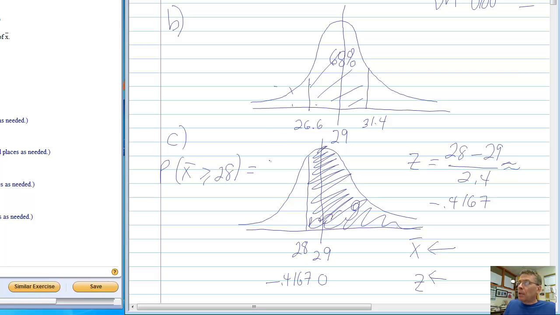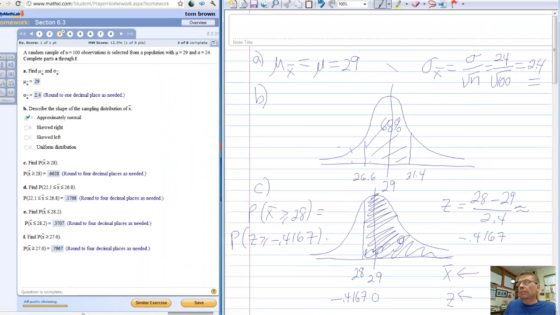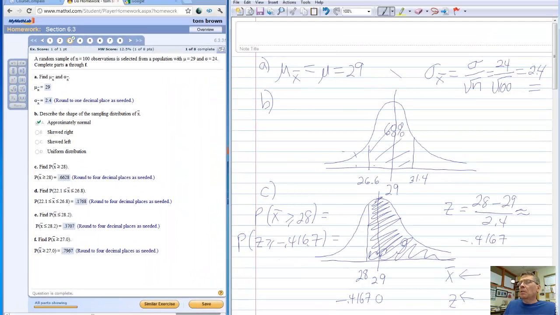So this problem is equivalent to solving the problem z greater than or equal to minus 0.4167. To determine this, I have to look at my picture over here. The area to the right of this value right here, I can think of as the area between there and there.